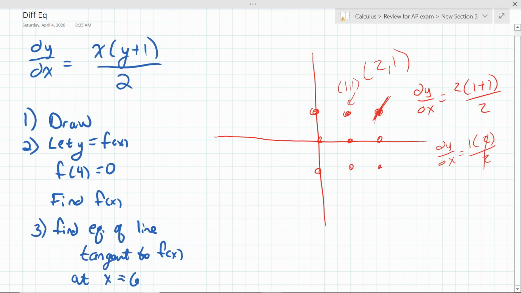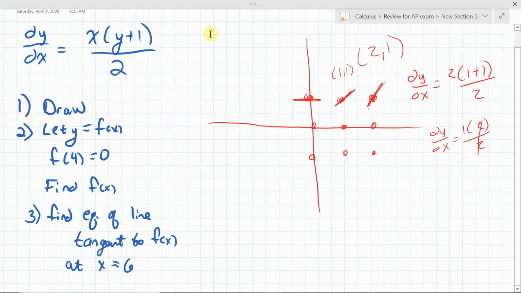And so the slope is 1. So at that moment, I should have a slope of 1. And I could fill this in, and when x is 0, it doesn't matter what y is, the slope would be 0. And then I could fill in those 9 points. And that's something that they have often asked. Okay?